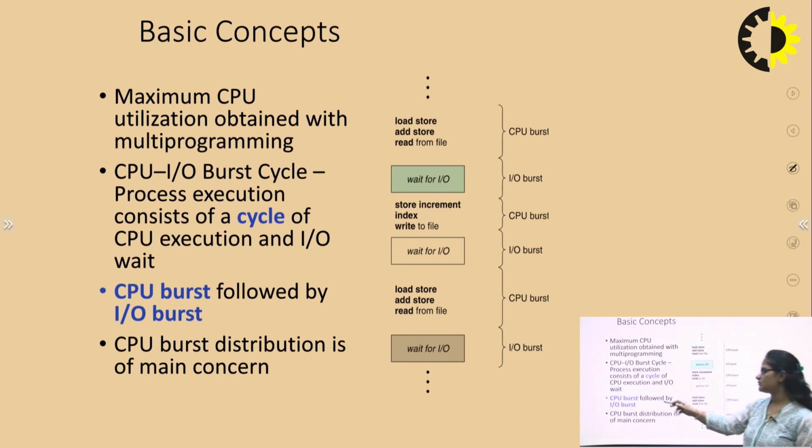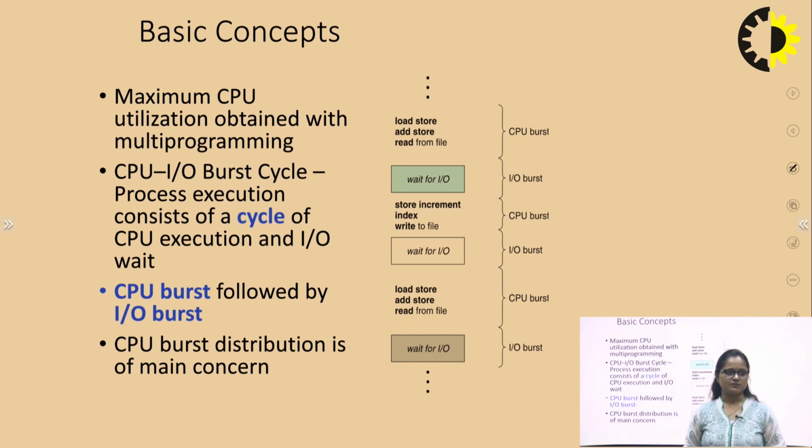So it is a cycle of CPU burst followed by input output burst. When one program is in its CPU burst, another program can be in its input output burst, and then the first one is in input output while the next is in CPU. In this way CPU scheduling is possible.